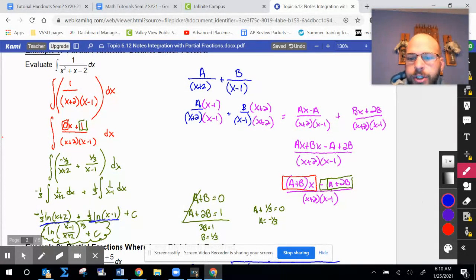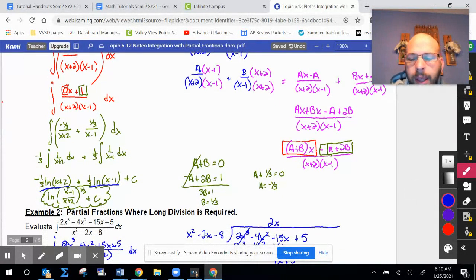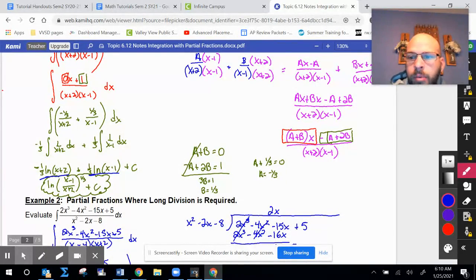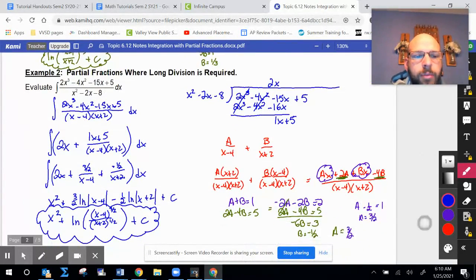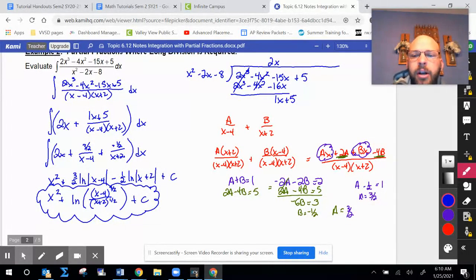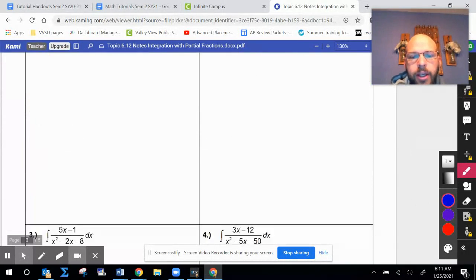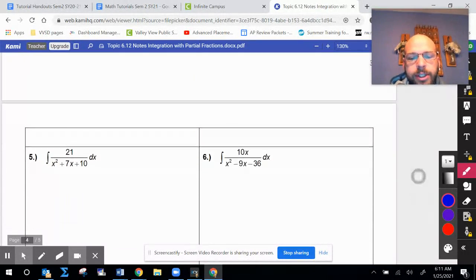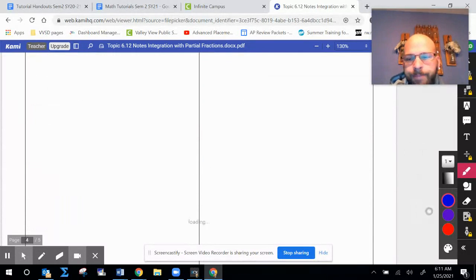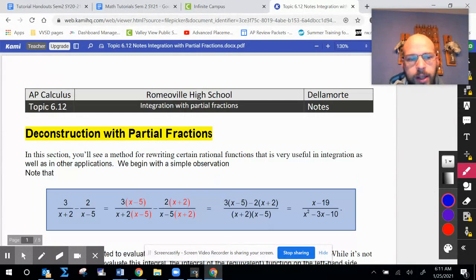I did a partial fractions decomposition, found my a and b, and then integrated both of those fractions. For number 2, the denominator was still factorable, but the numerator had a larger degree, so I had to do a little division first. Then I had to do partial fractions on the remainder and go from there. Okay, so I'll do these examples so that you can see it. There's 6 of them. Check out that work, and then hopefully you can do the third method of integration.